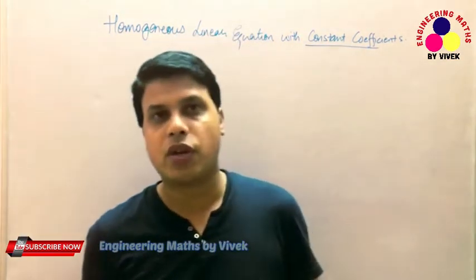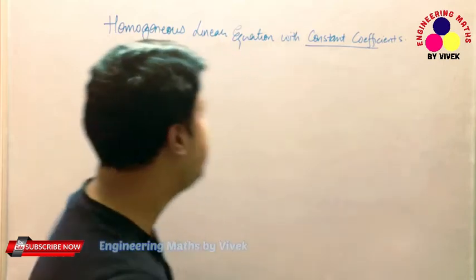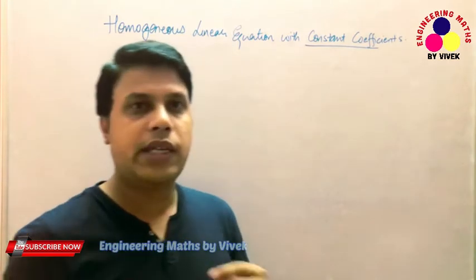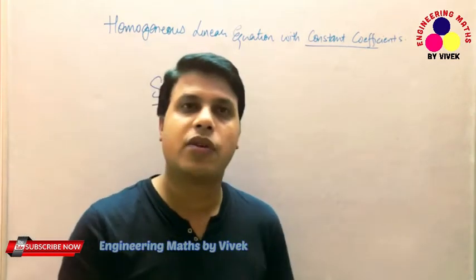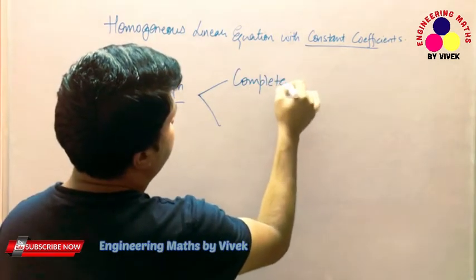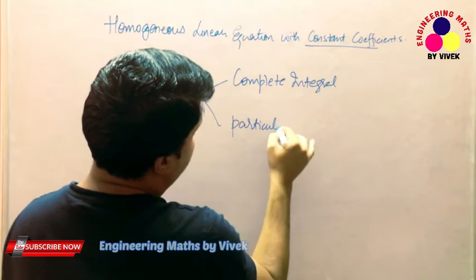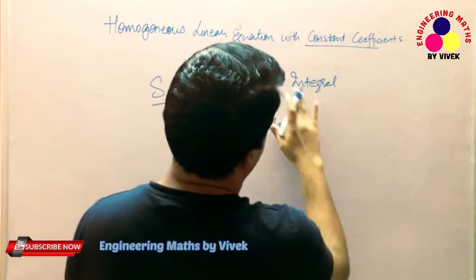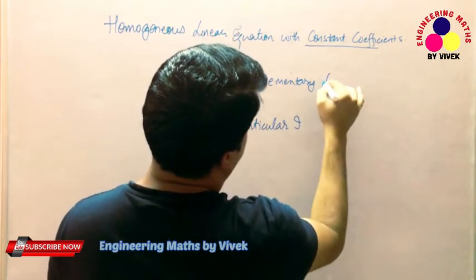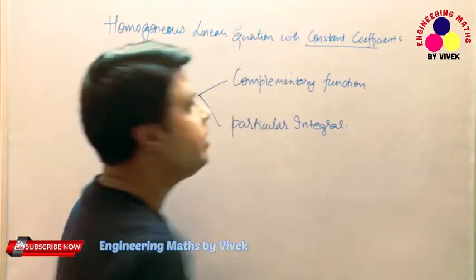If we talk about the solution of the linear equation, or precisely the homogeneous linear equation, this complete solution comprises two solutions, that is CF and PI.